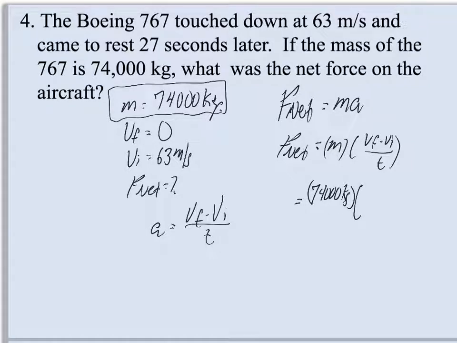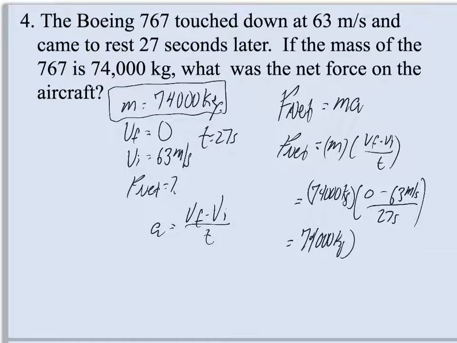The acceleration would be 0 for VF minus 63 for VI over my time. My time was 27 seconds. Oh, I forgot to put that in the given values, times 27 seconds. So I end up with 74,000 kilograms.